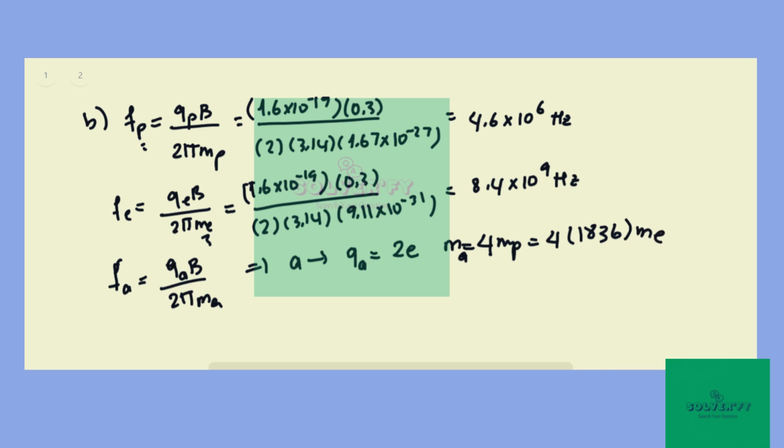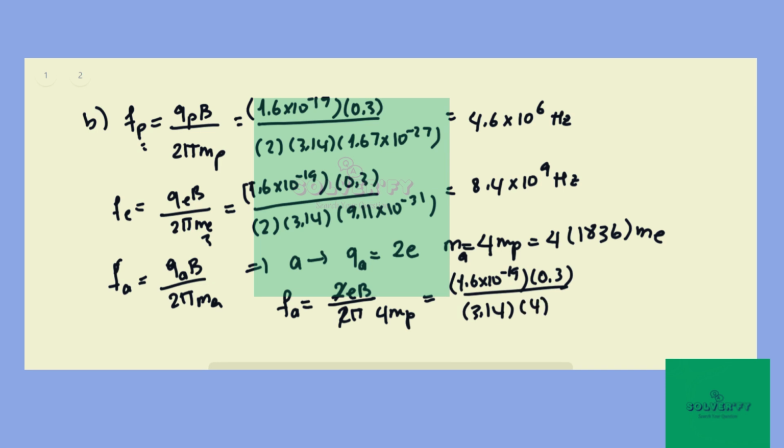So let's pick one and plug in the values for the frequency of the alpha particle. It will be 2eB over 2 pi times 4 times the mass of the proton. These are going to cancel out. 1.6 times 10 to the negative 19 times 0.3 divided by 3.14 times 4 times 1.67 times 10 to the negative 27. We're going to get 2.3 times 10 to the 6 hertz for the frequency of an alpha particle.